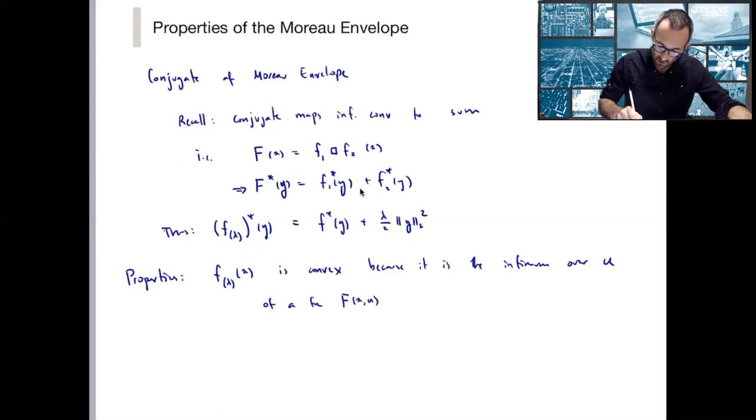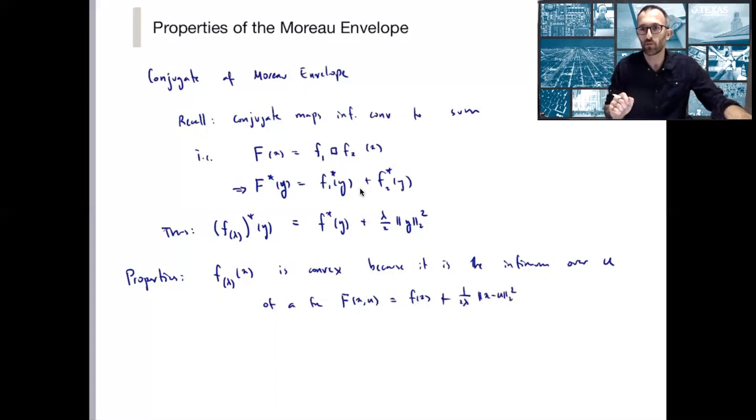What is this function? This is just f of x plus 1 over 2 lambda times the norm of x minus u squared. Note that this function f of x,u is jointly convex in both x and in u. And therefore, if I take the infimum over one of its arguments, then the result is convex.